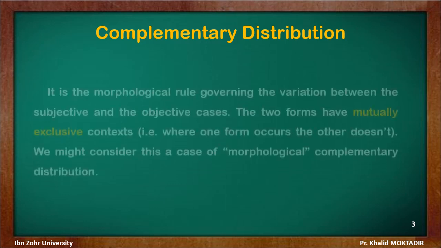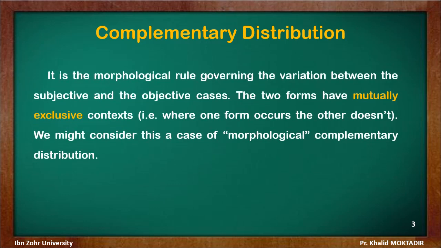It is the morphological rule that governs the variation between the subjective and the objective cases. The two forms can be considered as having mutually exclusive contexts. In other words, where one form occurs, the other doesn't. We might consider this a case of morphological complementary distribution, so to speak.